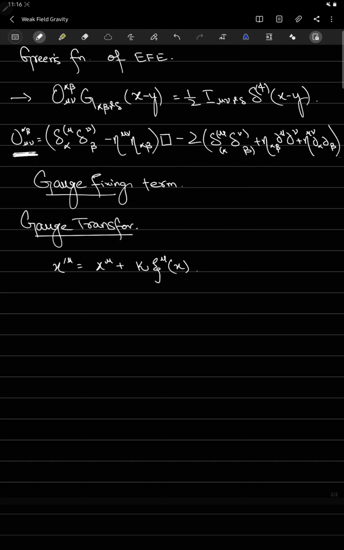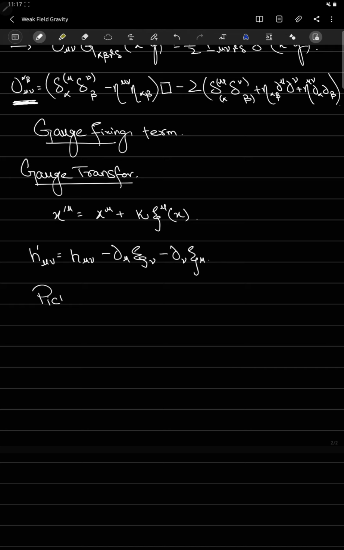Now, before I go any further, let's pick a gauge. So we'll pick a gauge now, and a particularly suitable choice for the gauge is the De Donder gauge.